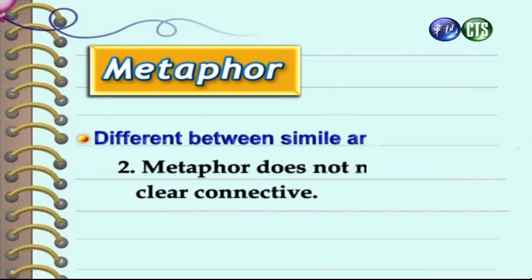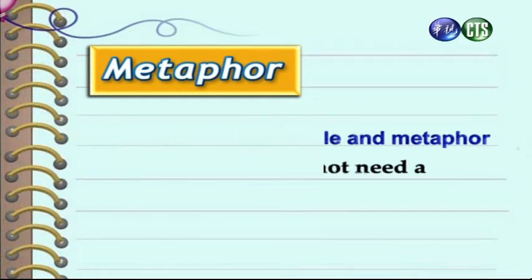All right, so now another difference between similes and metaphors is that metaphor does not need a clear connective. 好,另外一个可以区别明喻和隐喻的明显不同,就是隐喻并不需要使用连接字,像「就像」或是「如同」之类的,不用连接字就可以达到暗示的效果。And then here's one example that we can look at.